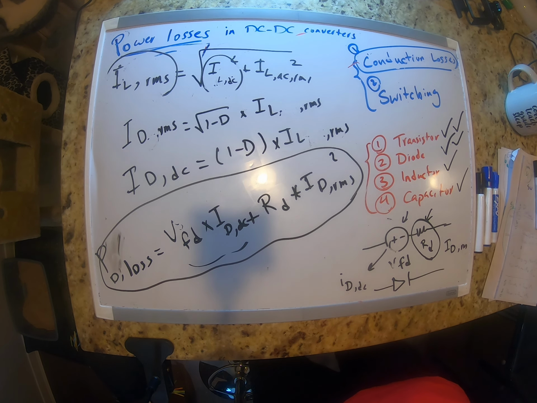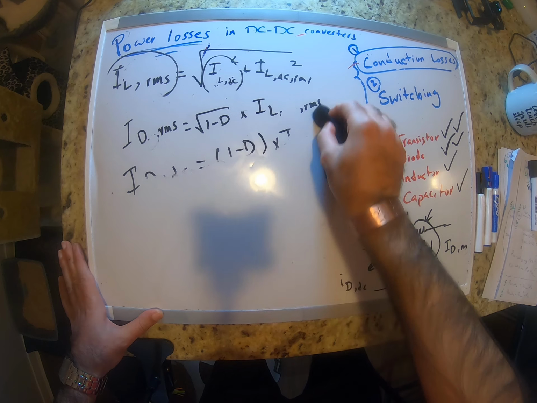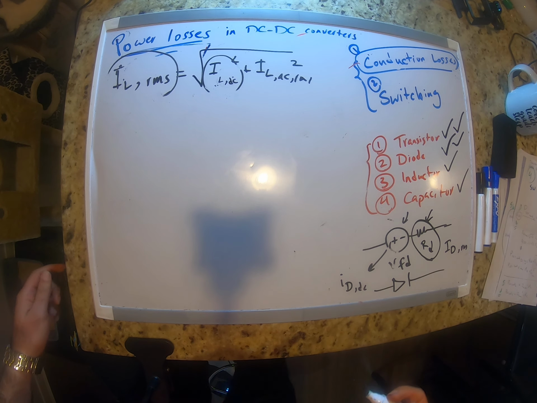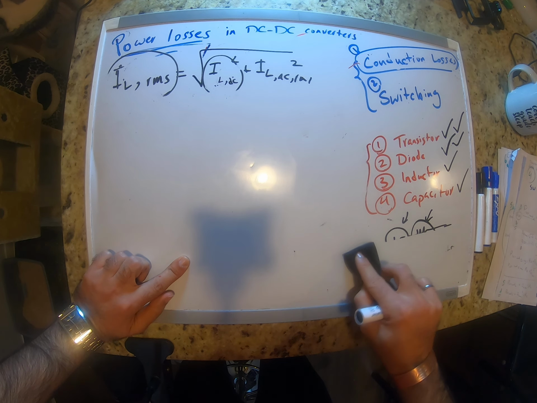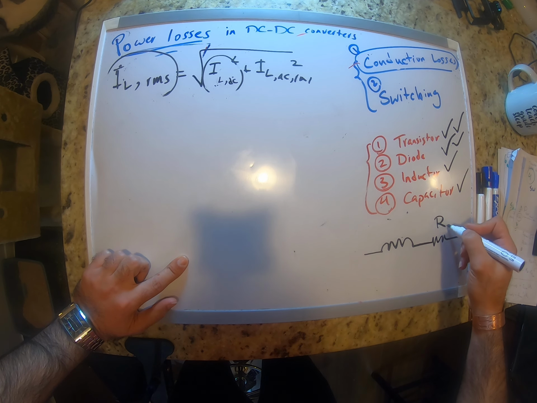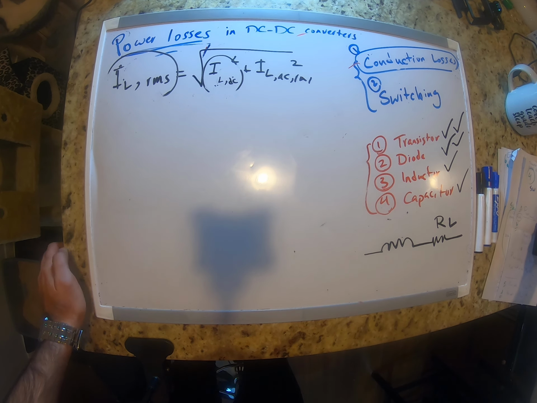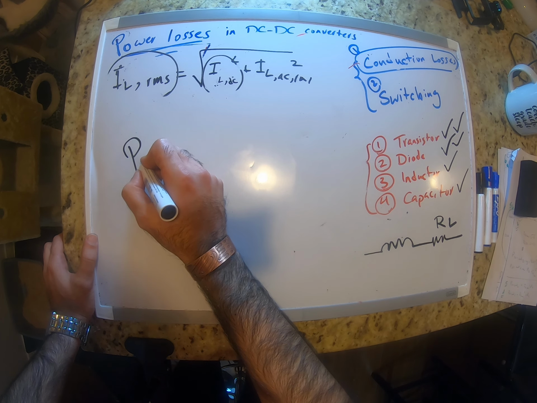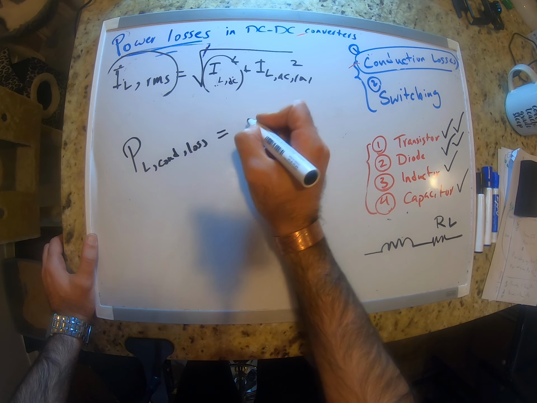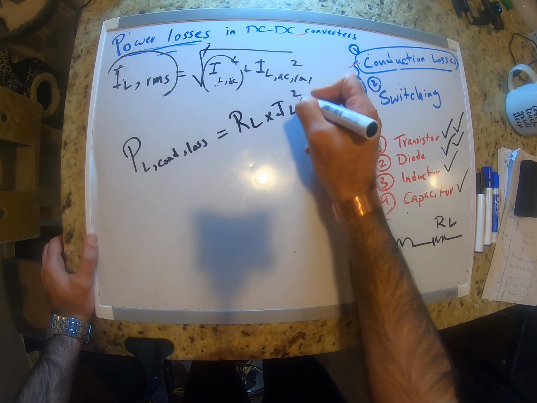Okay. Last but not least, for conduction losses in the inductor, we mentioned that we also have an internal resistance for an inductor. Let's call it RL. So P of L conduction losses is going to be RL times IL RMS squared.